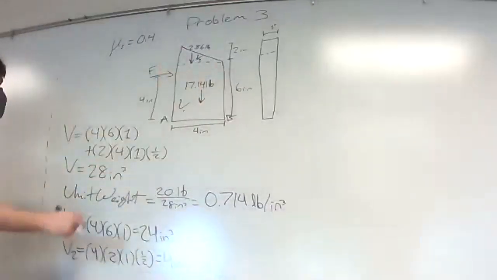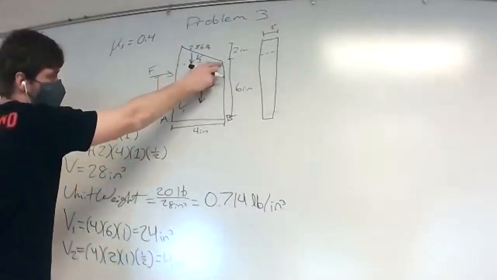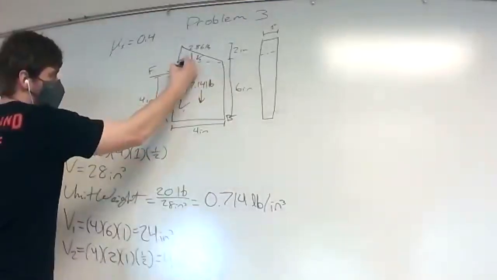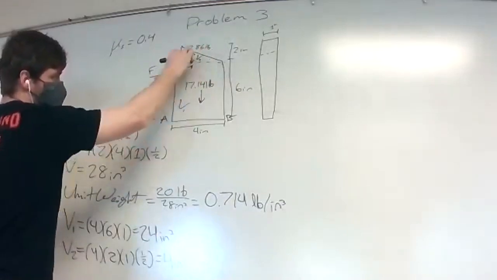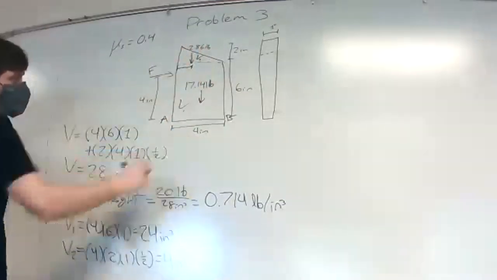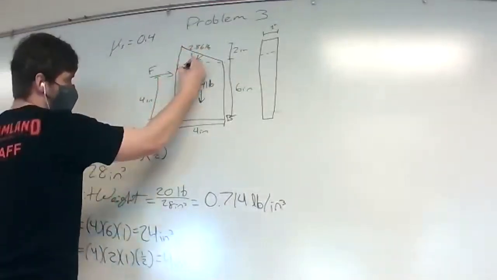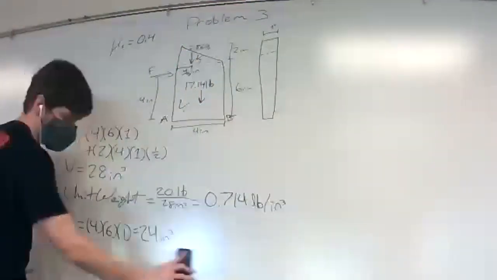How much is it skewed? It's skewed 1/3 from this edge, or 2/3 from this edge. So the distance from the very edge to the weight of the triangle is going to be 1/3 of 4 inches. So that's how we get our weight values.